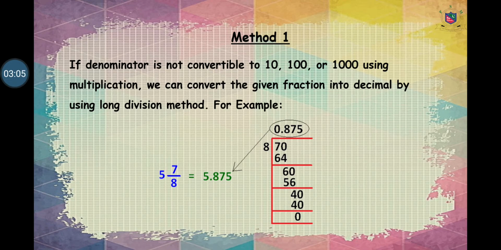So dear students, when we divide 7 by 8, we get 0.875. So our answer will be 5.875.